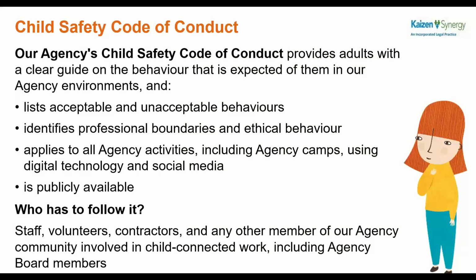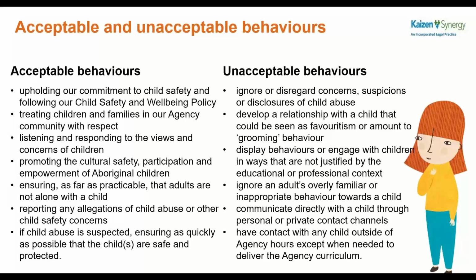There is also the Child Safety Code of Conduct. Now, this Code of Conduct is built upon the department's Code of Conduct. And who has to follow it? Well, it's essentially everyone. So staff, volunteers, contractors, and other members of your agency, including board members, have to follow the General Code of Conduct. There is also acceptable and unacceptable behaviour.